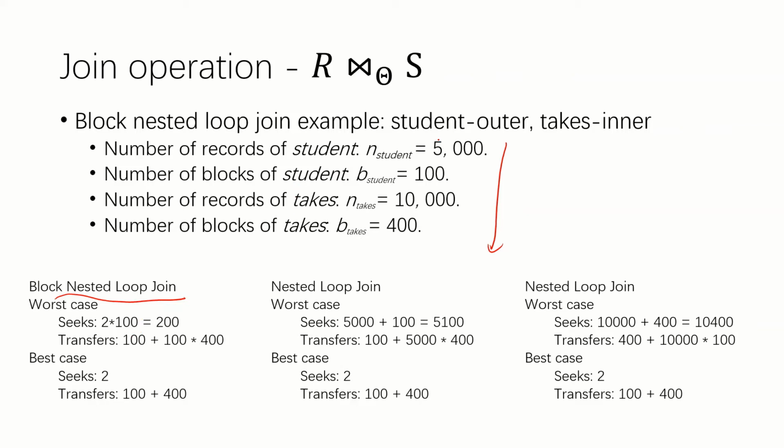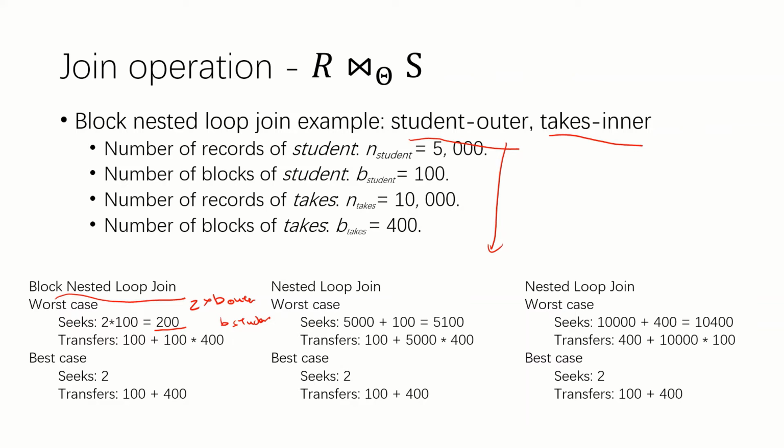Oh yeah, sorry. So the student is my outer loop, and the takes is my inner loop. So in the worst case scenario, I need to carry out 2 times my b of my outer loop. So which is in this case b of my student. So that's how I get 200 over here.